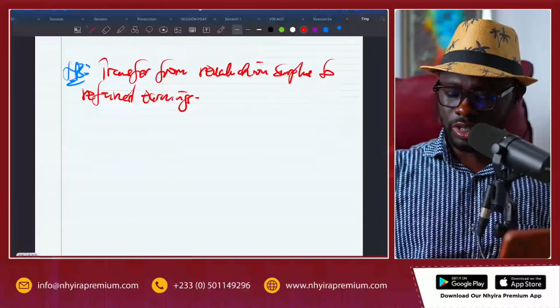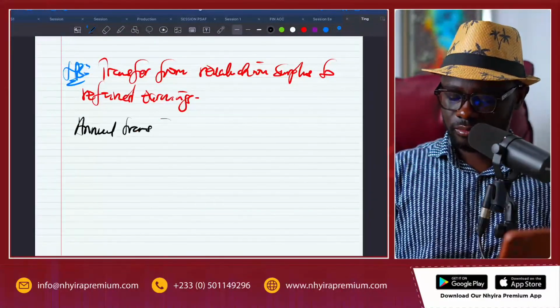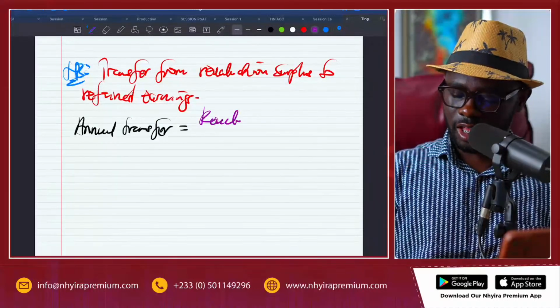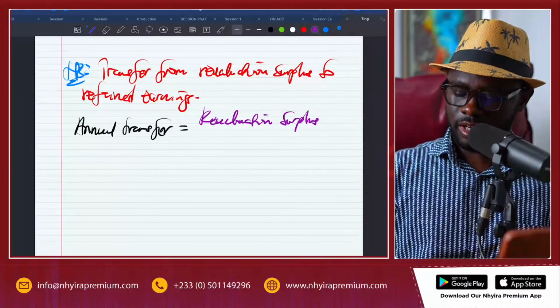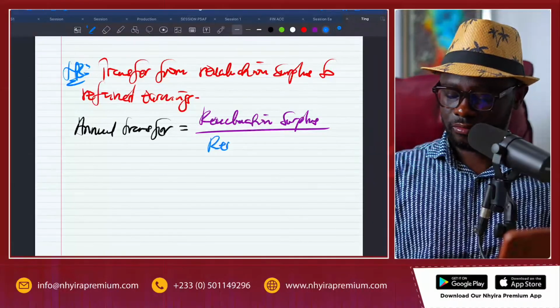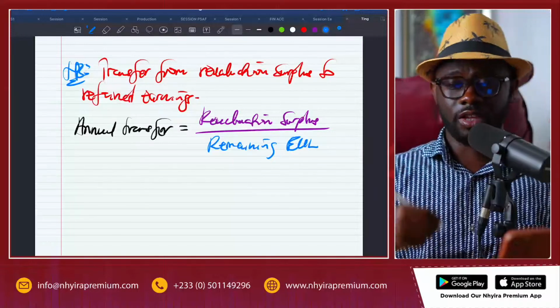All you would do to be able to get the annual transfer is take the revaluation surplus figure divided by the remaining economic useful life of the asset.